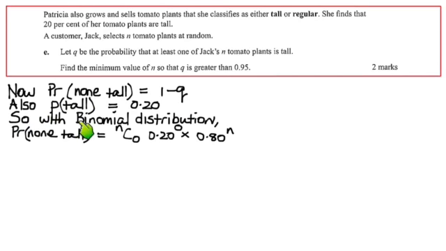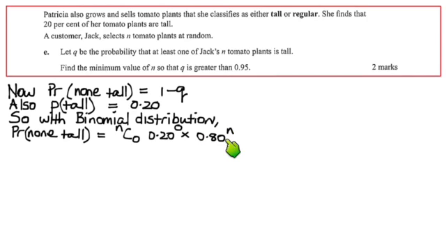Now, with a binomial distribution, guys, this is the way I like to do these. You notice we talked about at least one. So let's work out the probability of none being tall and then subtract that from 1, which gets us the probability of at least 1, which is nice and easy. That's what they want to know, whether you have the presence of mind to do. So the probability of none being tall is this baby here: nC0, 0.20 to the 0, 0.80 to the n.